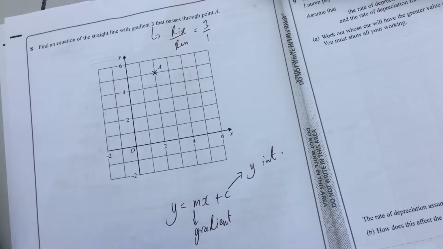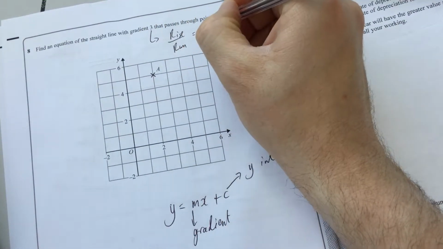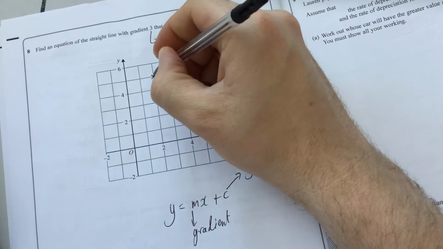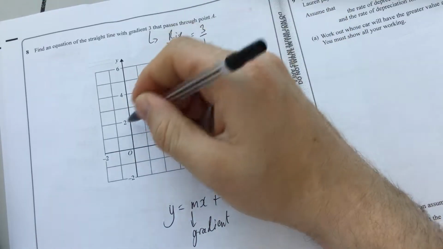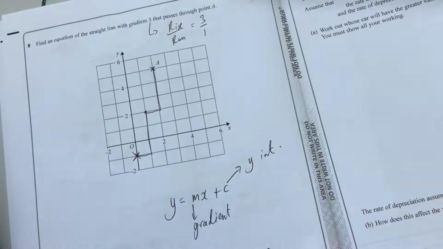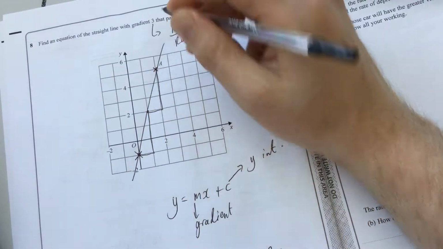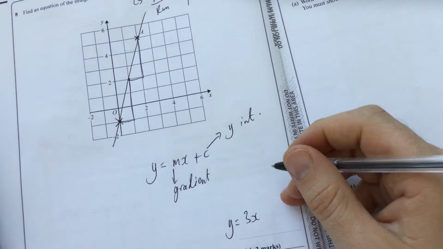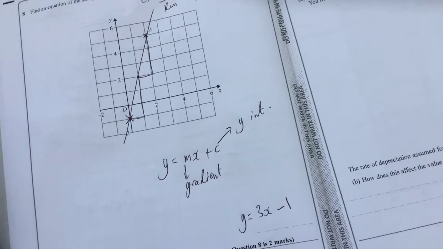If I go up 3, I'll go right 1. If I go down 3, I'll go left 1. I can do that again. There I am, I've crossed the y-axis. So that's the actual line there. Now I know the y-intercept is -1, I can finish the question.